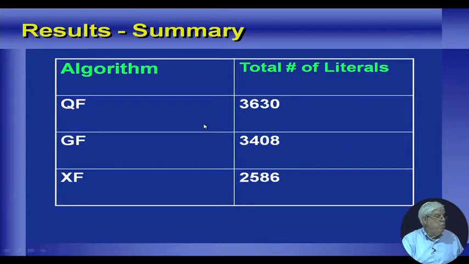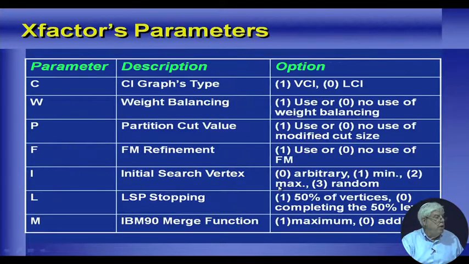If you just add up the total number of literals for all of that collection, these two, this is like the sum of the lengths of all of those factored forms. You see that we're really a lot shorter.